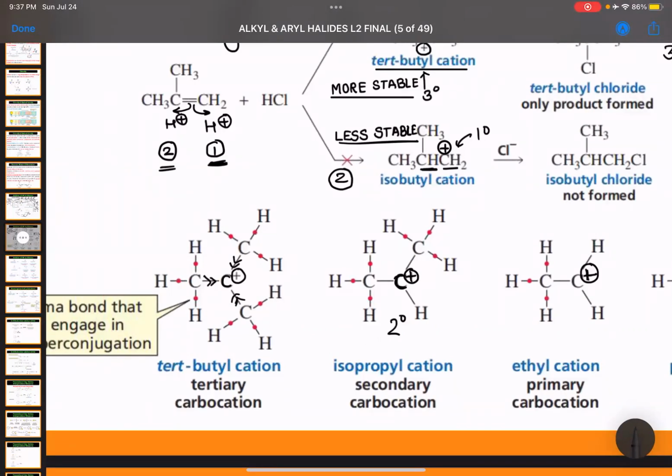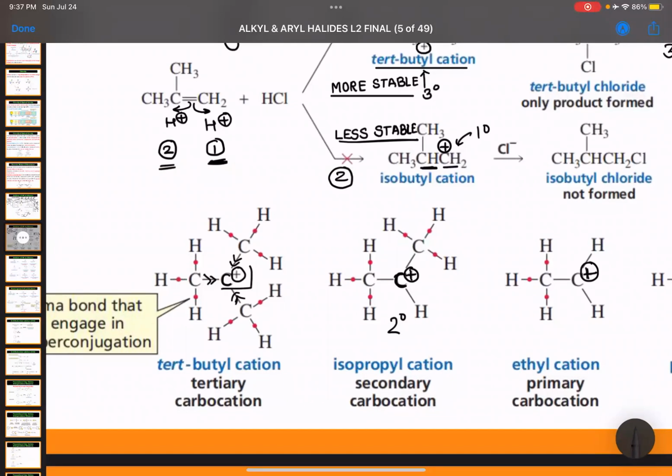So what happens is, in the three bonds, the electron density gets slightly pushed towards the carbocation. Normally, if a bond has two electrons and the two atoms are exactly the same, the electrons will be in the middle, shared equally.